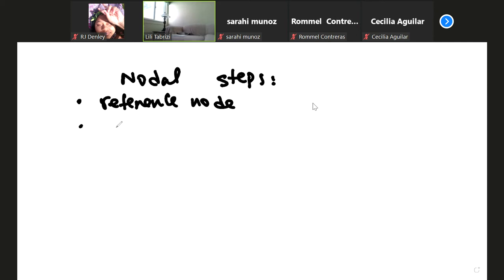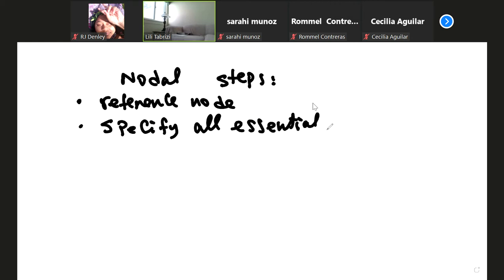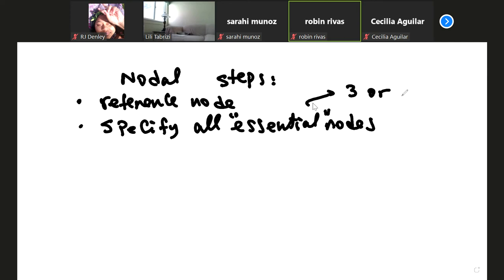Number two, you will specify all essential nodes. What is an essential node? Where three or more branches connect. Okay, you specify all essential nodes.